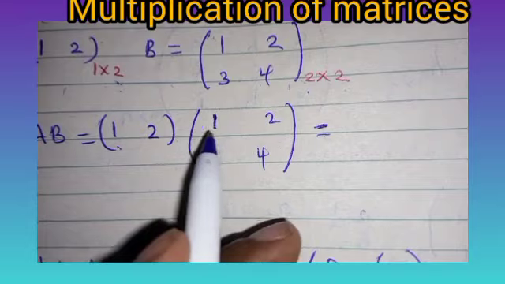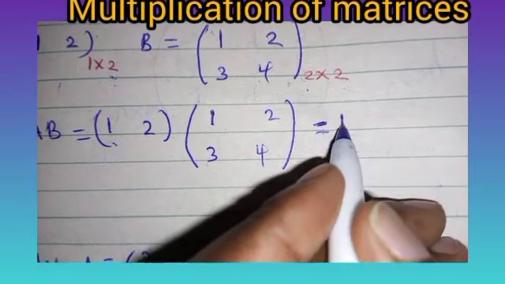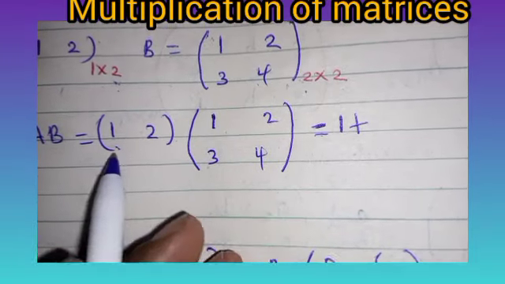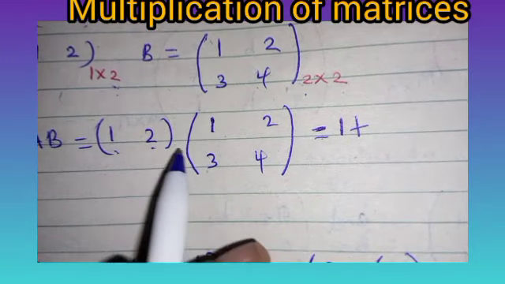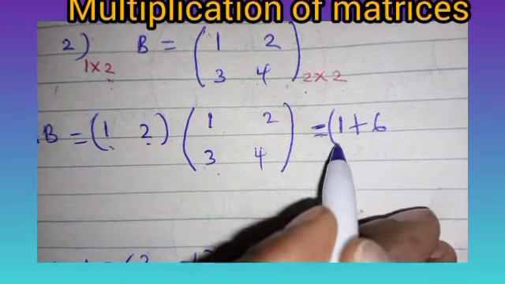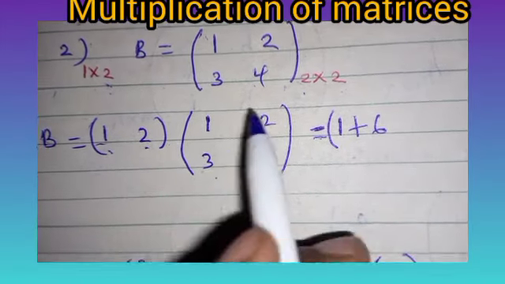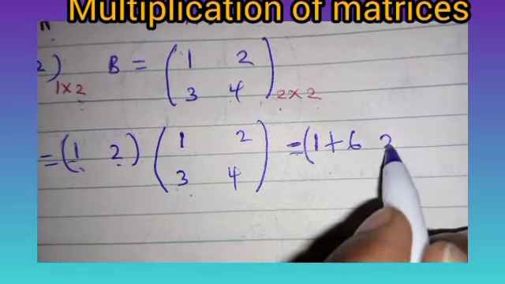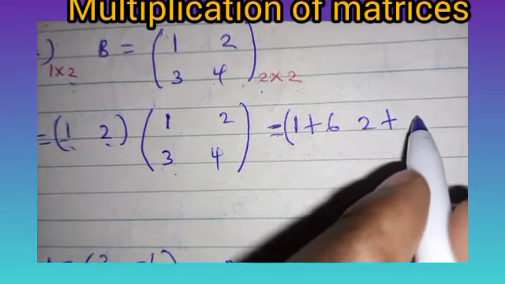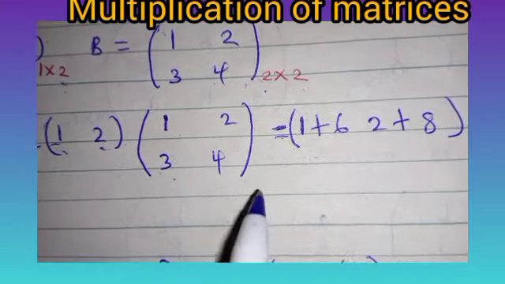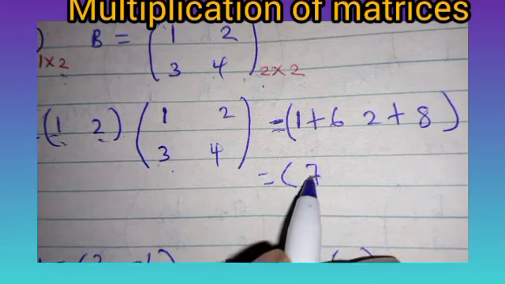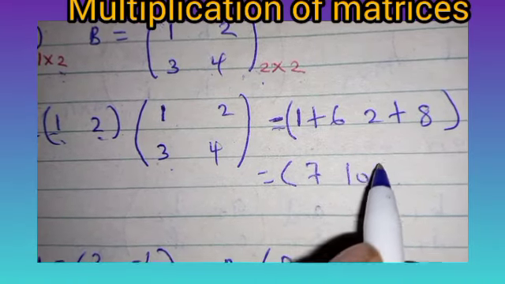So you have 1 times 1 as 1, plus 2 times 3, which gives you 6. So that will give you the first element. Then you have 1 times 2, which gives you 2, plus 2 times 4, which gives you 8. So clearly you can see now our result will be 7, 10.